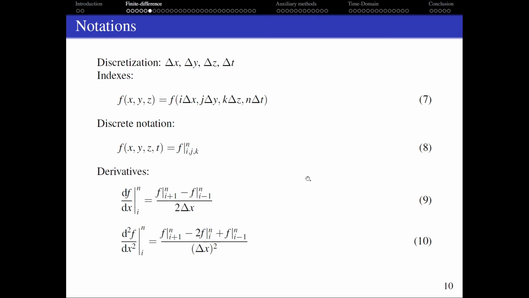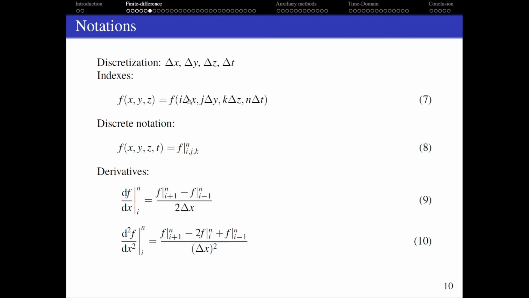Now, we are going to define some notations. So our space is discretized with steps delta x, delta y, delta z, and delta t, and actually we are going to refer to each point in our grid through their number, which is an integer.